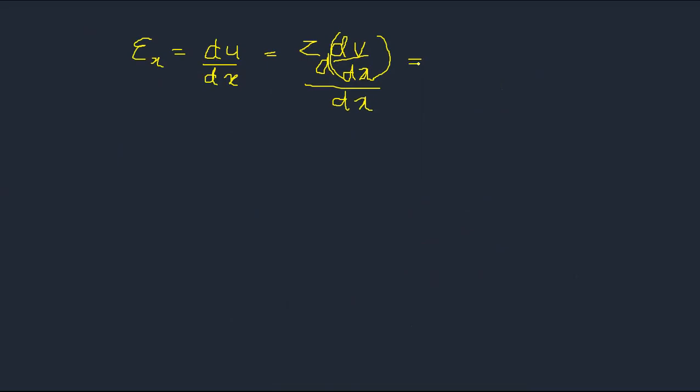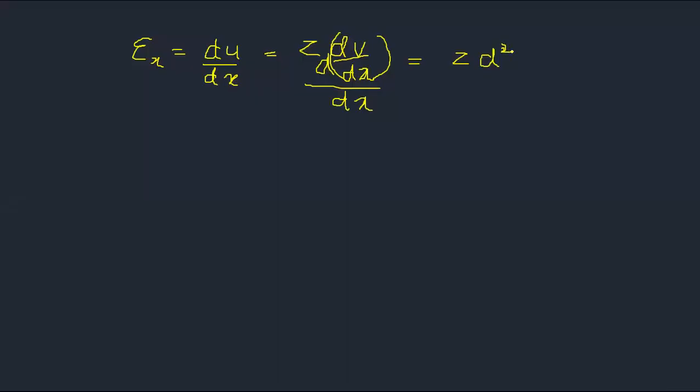Dx, so it's the second differential, okay? So that's going to be the second differential, d squared v over dx squared.